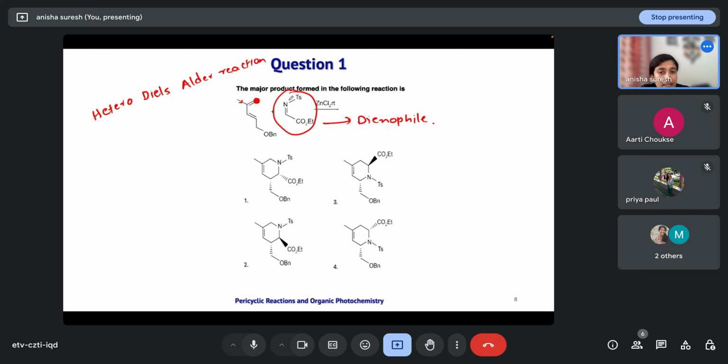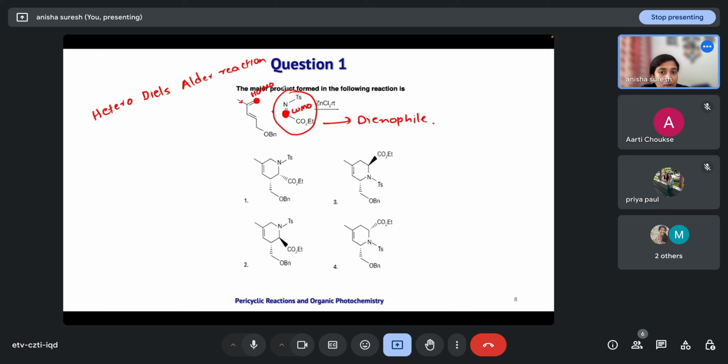And this NTS is an electron withdrawing group, more than that of CO2Et, so this center will have the largest coefficient of LUMO.